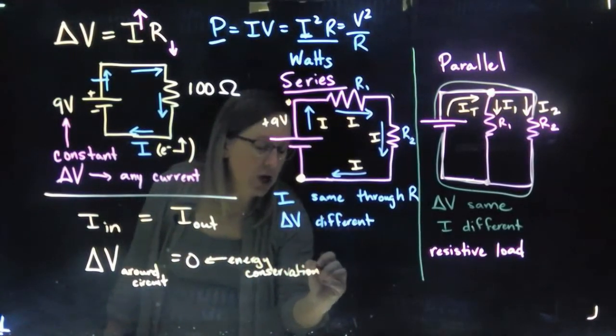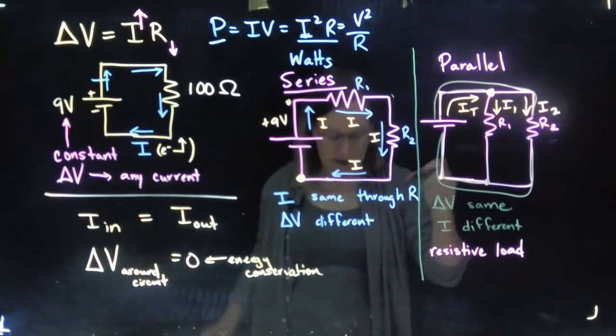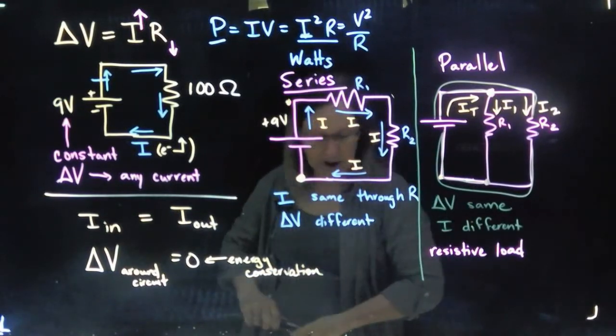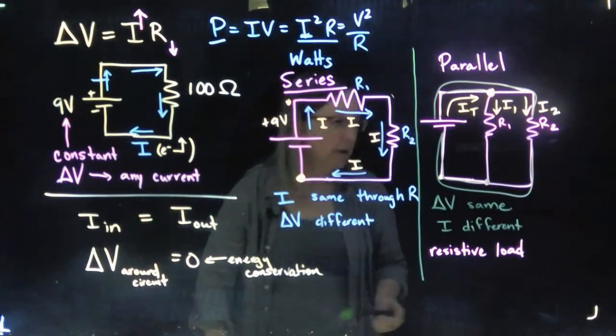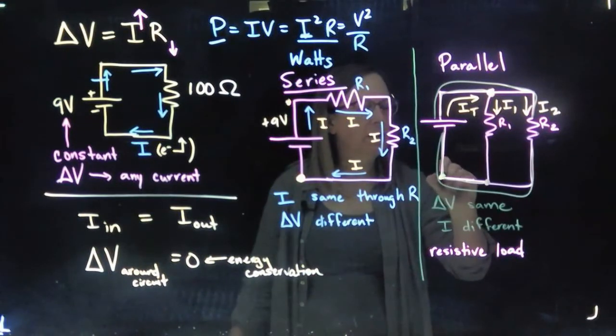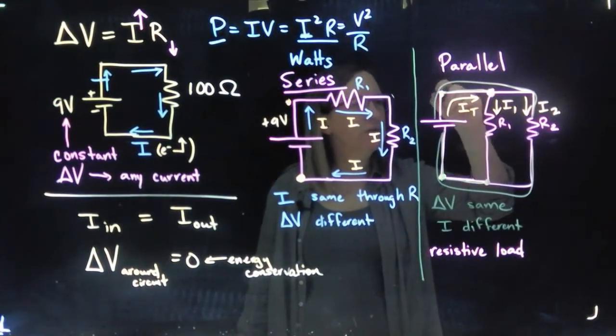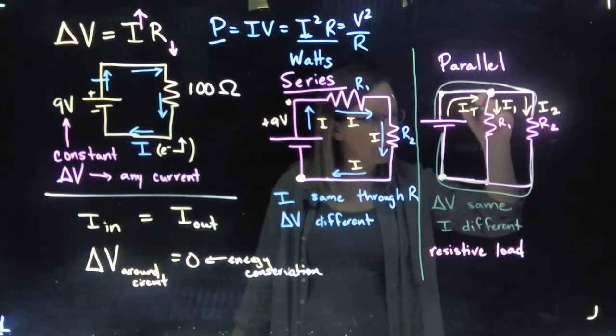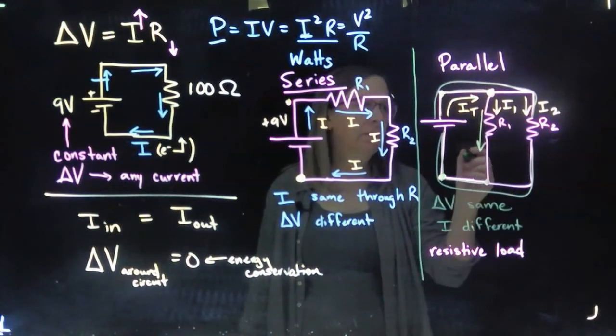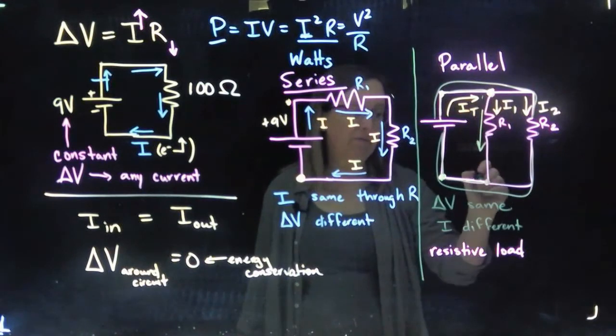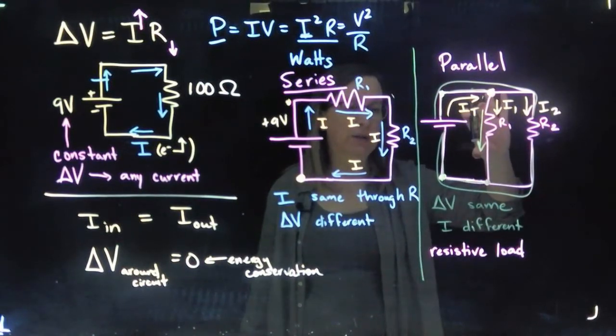And so this is another way to see, hey, if I go around the circuit, if I start here and I go up by 9 volts and I take this path through the first one, then this I1, then I've got 9 volts that I must drop across here.